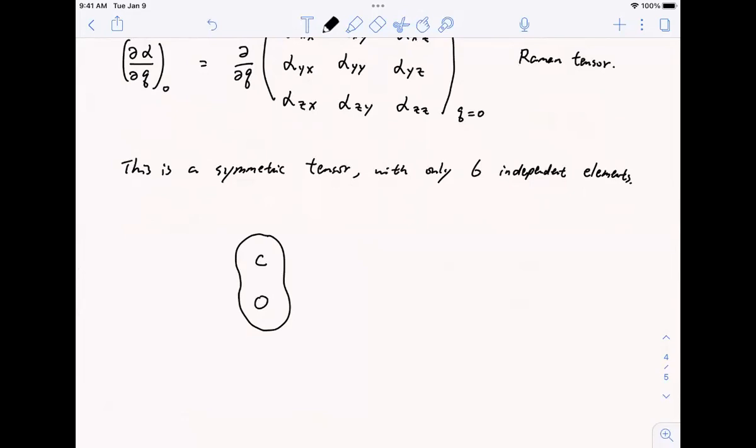Then there will be some charge transfer. I suppose maybe carbon will take more electron. Let's assume so. So there will be some dipole P.